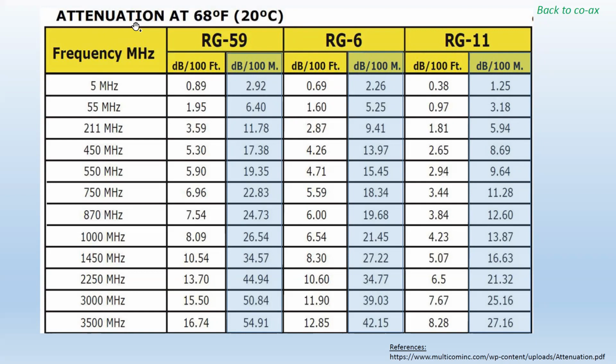Okay. All right. So we have dB per 100 feet. And the same here, just so you know, the dB per 100 meters. But for simplicity, we're going to concentrate on the feet, dBs per feet. Well, what are the dBs? What's up with this?